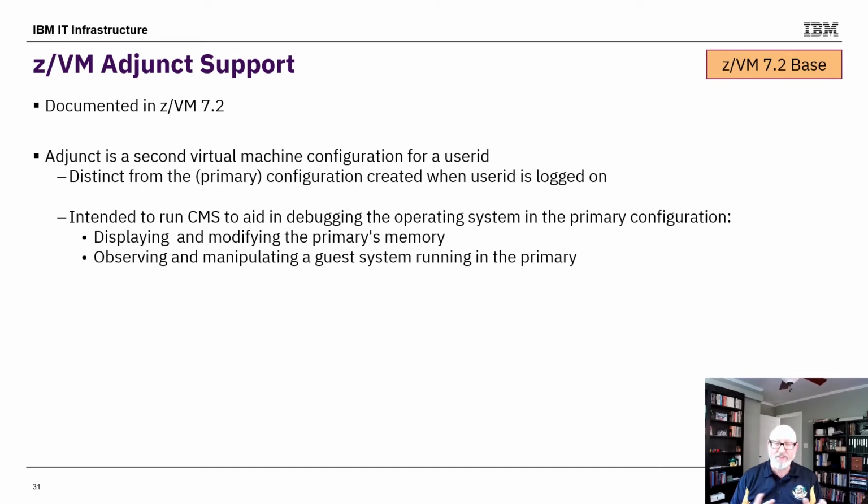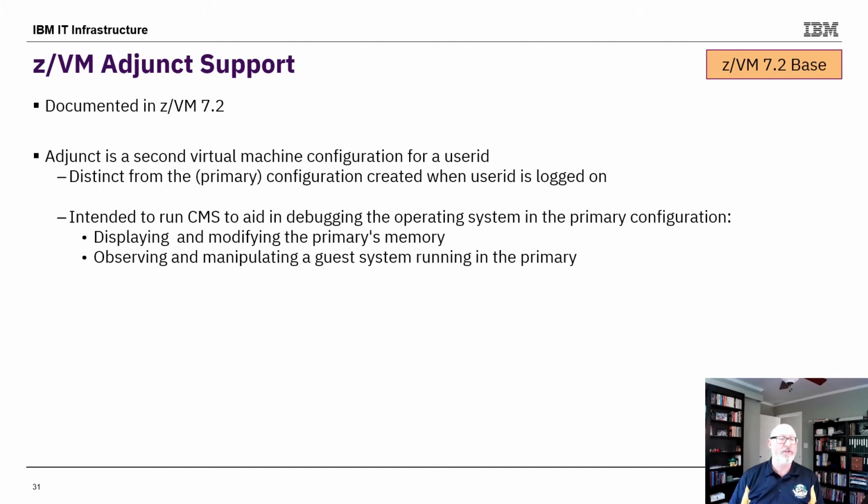And so it's distinct from the primary one, and it's really intended to do things like run CMS there to aid in debugging, doing things on the fly with that. So primarily used for some internal things that we do, but I can see some vendors might be interested in playing with this as well. It is very helpful in terms of looking at and writing test cases and debug cases with that.